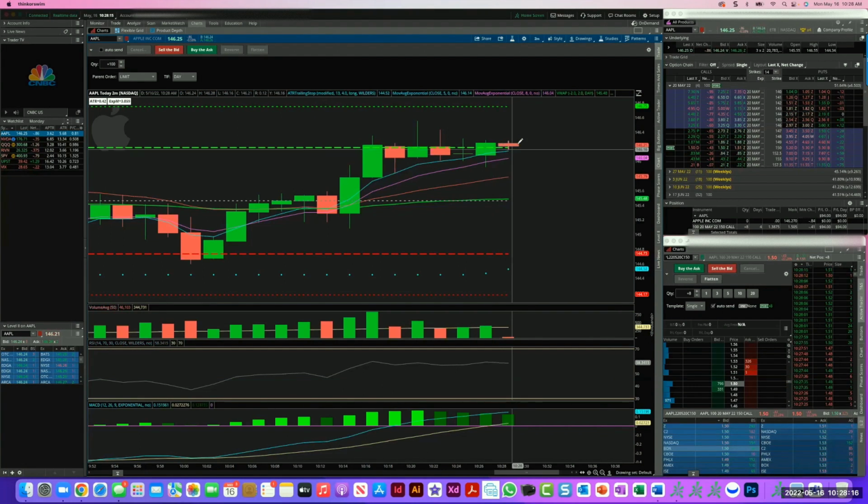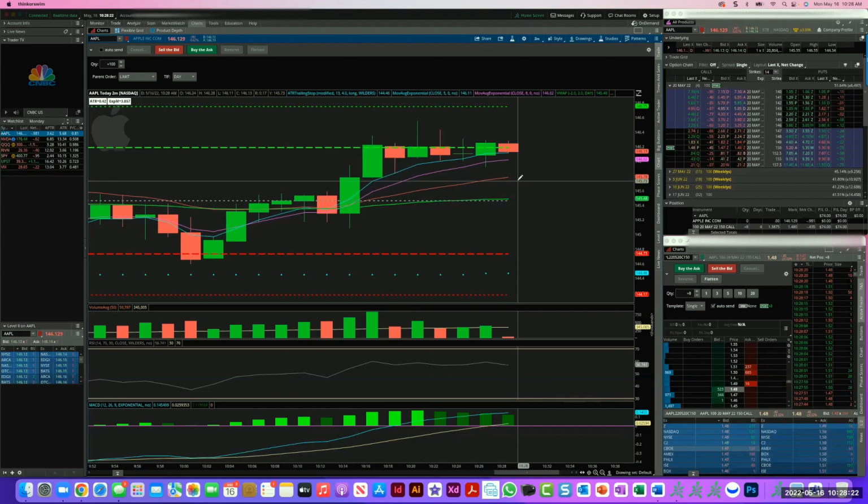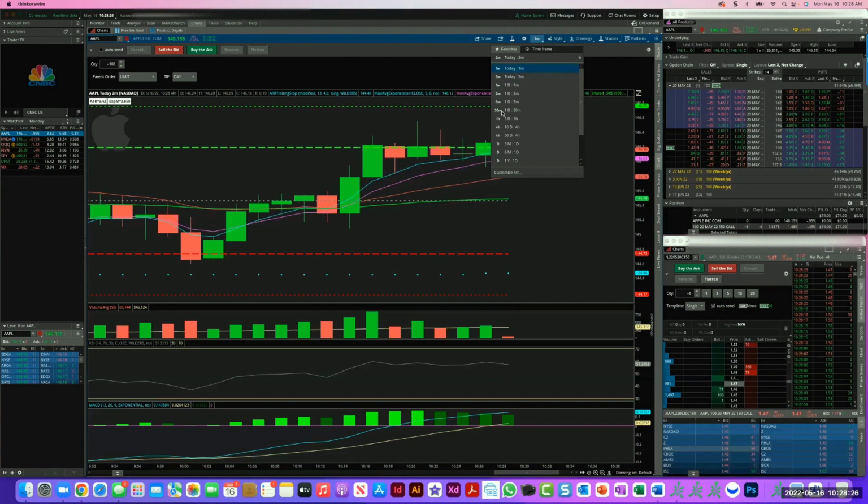All right, we're looking for support here on this opening range high, and this would be our breakout. Let's see how it looks on a 1-minute chart.